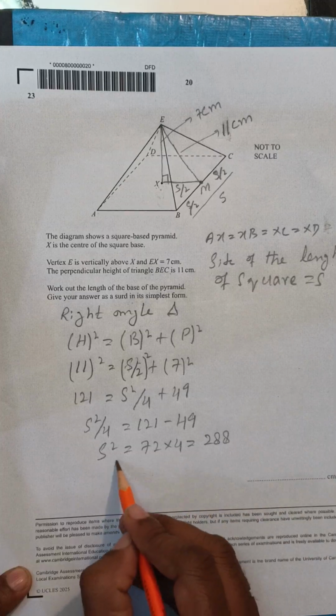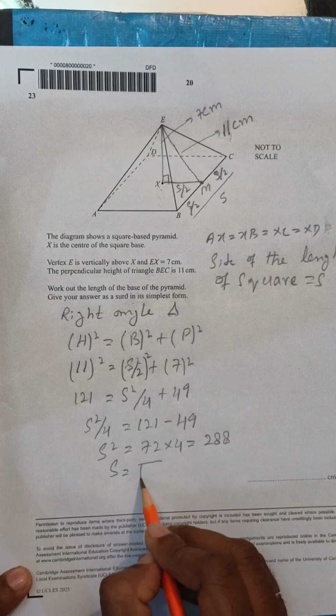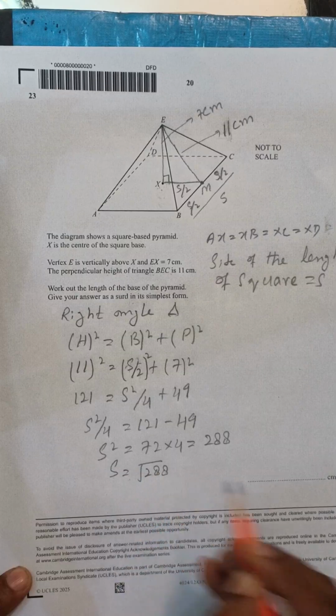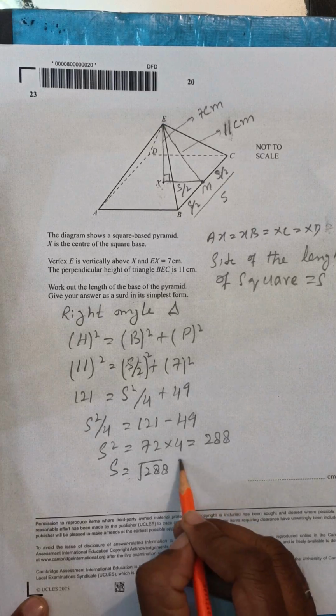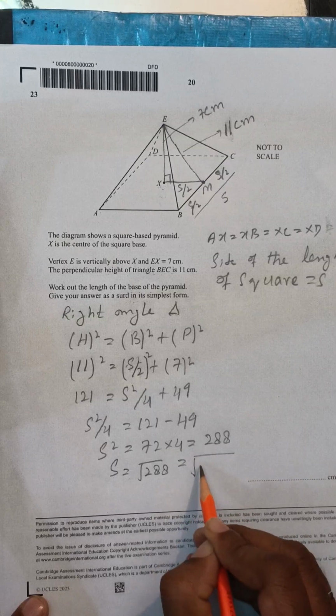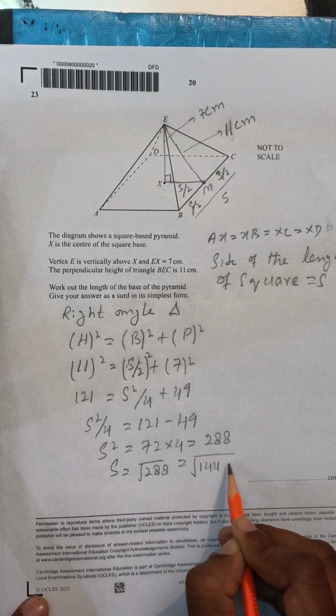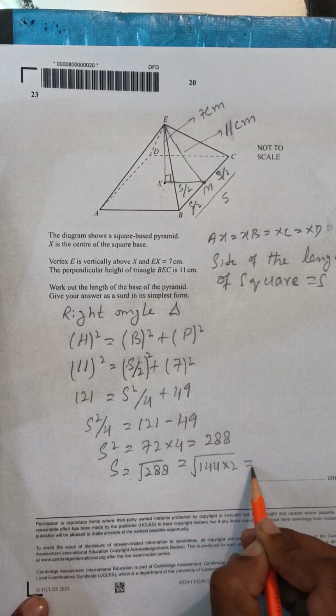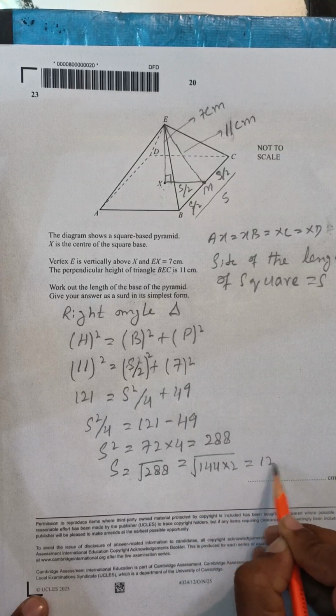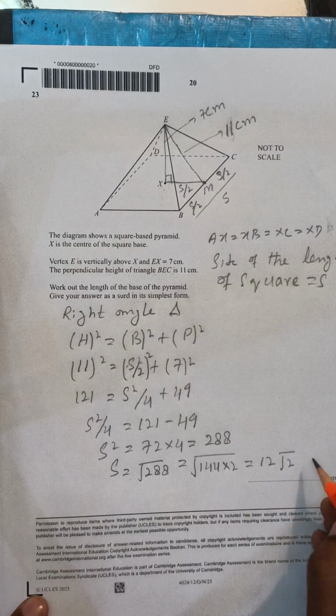So now s equals the square root of 288. The square root of 288 means 144 multiplied by 2. So the square root of 144 is 12, and s equals 12 square root 2 centimeter.